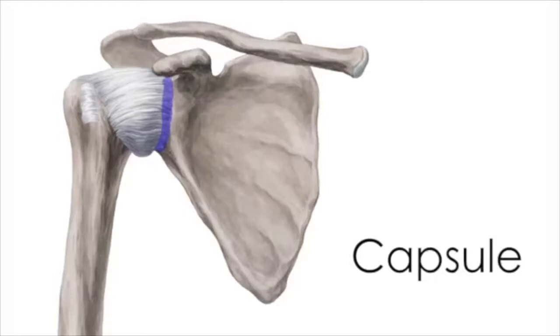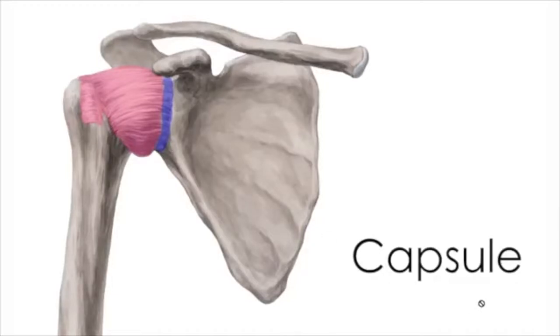Now this capsule will extend all the way laterally, where it's then going to attach to the anatomical neck of the humerus. And then, as you can see here in this image, it will extend just a little bit further down to the side of the shaft of the humerus for just a short distance.